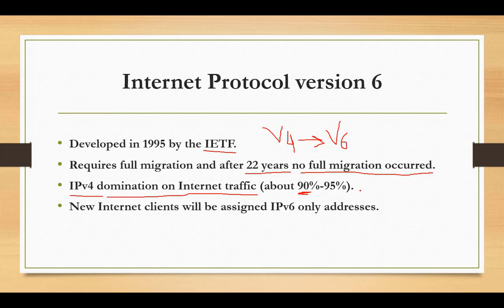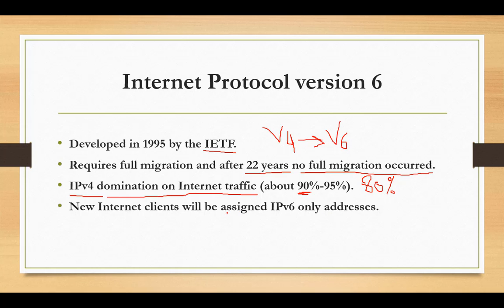Some recent adoption analysis shows that IPv4 domination is 80%. It doesn't matter, it is still dominating internet traffic, meaning that no migration has been accomplished.